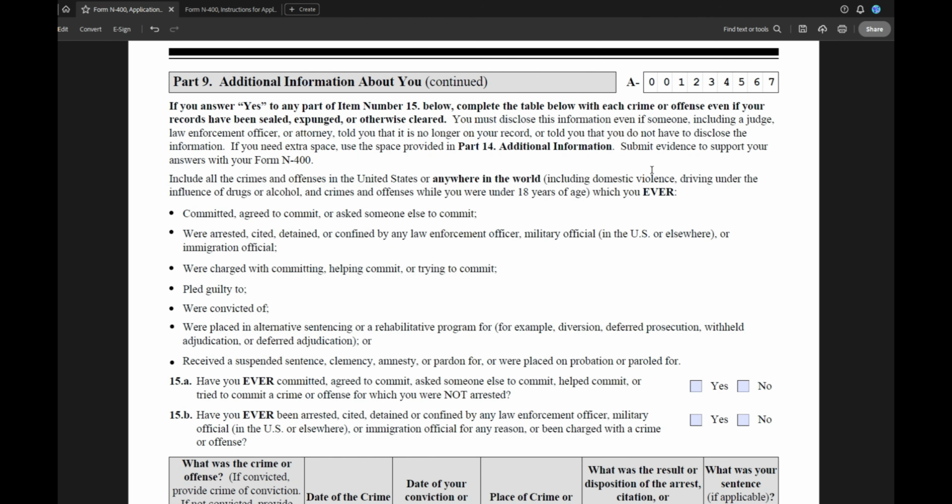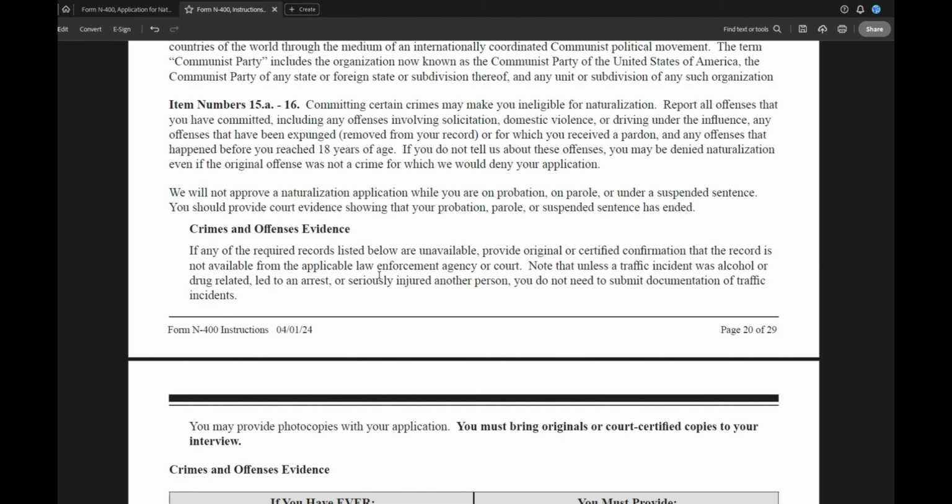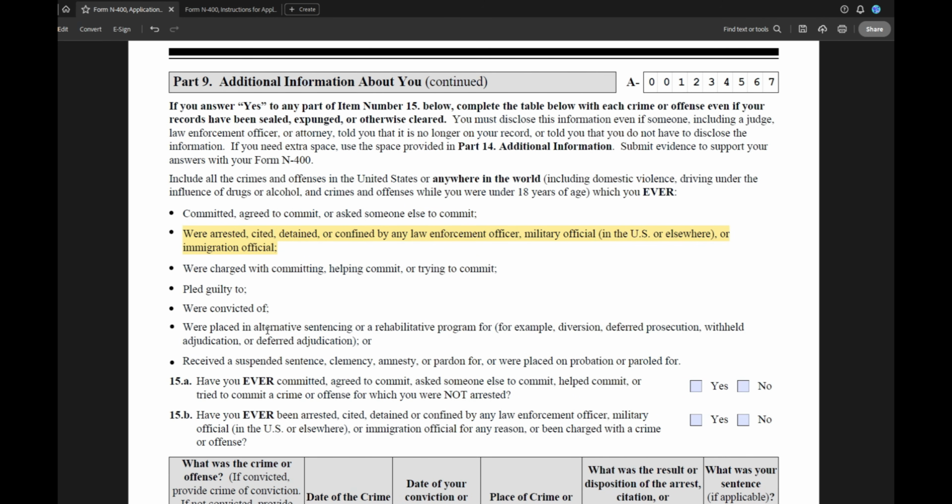The next questions have to do with your criminal records. I also encourage you to review page 20 of the form instructions, which can clarify for you which kinds of offenses and records you need to provide. USCIS makes it very clear that they do have access to your criminal records, even if they have been expunged.